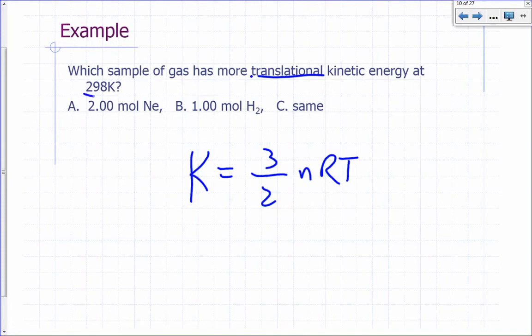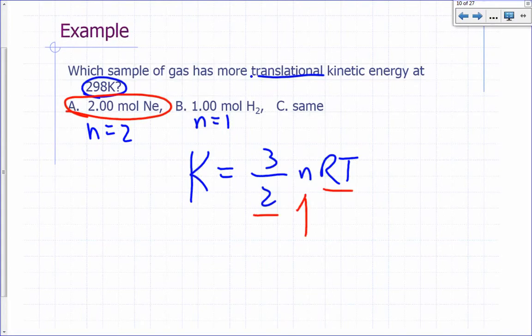So, same temperature. This is n equals 2. This is n equals 1. So, which one has more translational kinetic energy? Neon will have more translational kinetic energy. Bigger n, same T, same RT, same 3 halves here. So, the bigger the n, the more translational kinetic energy.